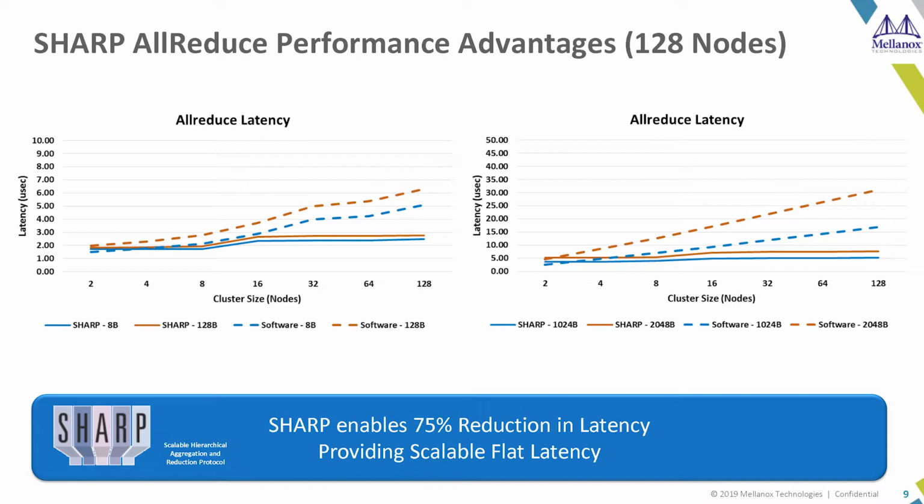The data that we have right now is for short reductions. I have a figure here of the latency for AllReduce for 8, 128, 1K, and 2K bytes. The solid lines are the latencies for the algorithm when you use SHARP. The dotted line is the latency of algorithms used with an endpoint-based or host-based algorithm.